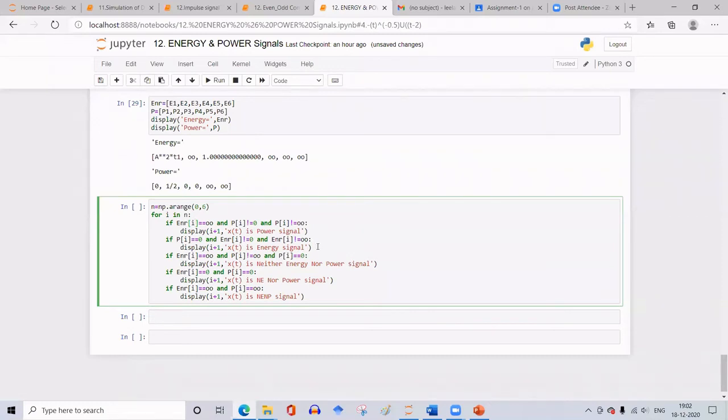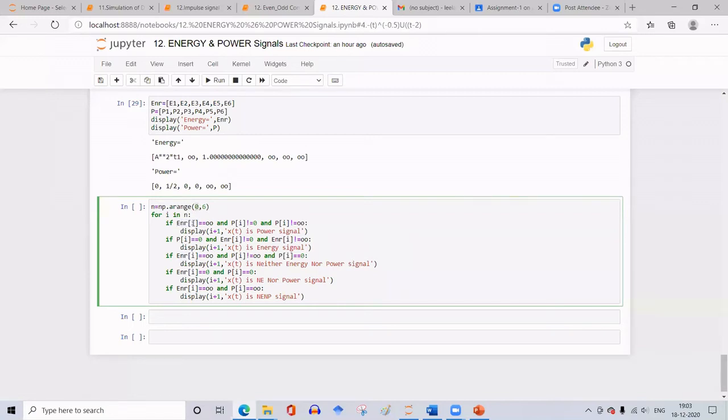Maybe it requires a somewhat different way of organizing things, but you understand how I have done it here. Now I arrange 0 to 6, np.arange 0 to 6. This gives an array 0 1 2 3 4 up to 5. So first, I take ENR of 0 for i in n, for each value in the array n. The first one is 0.